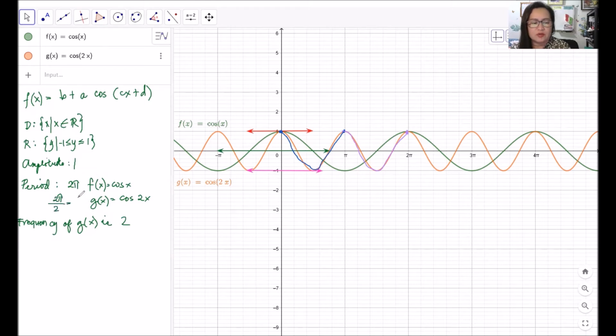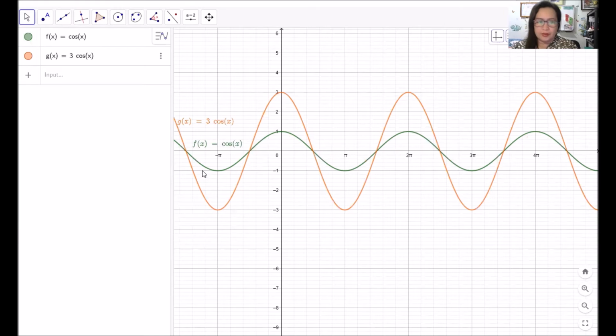That will give you pi. So that means the period of g of x equals cosine 2x is pi. So let us check the graph. From 0 up to pi, we have a complete cycle. So we can say that the period of cosine 2x is pi. Okay, now what if the value of a has changed?